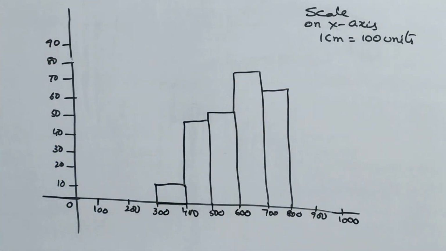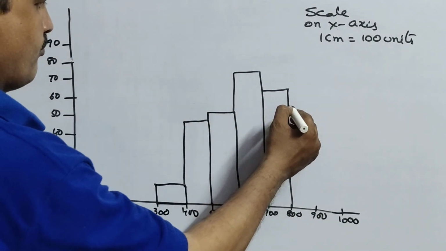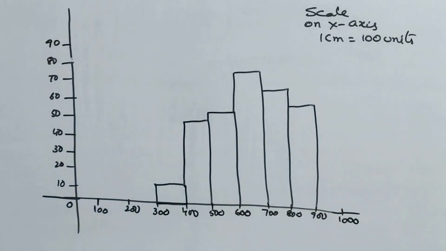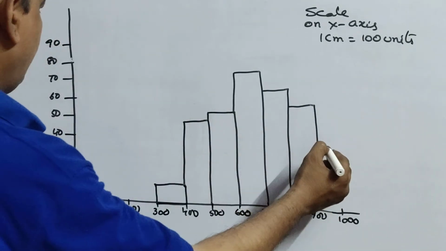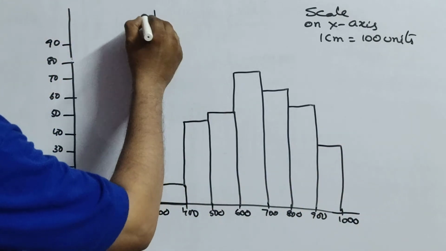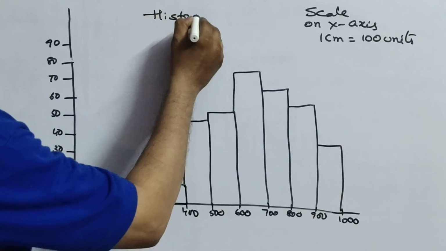Next, 800 to 900 is 62. Next, 900 to 1000 is 48. So like this we have to draw, and write the heading histogram.